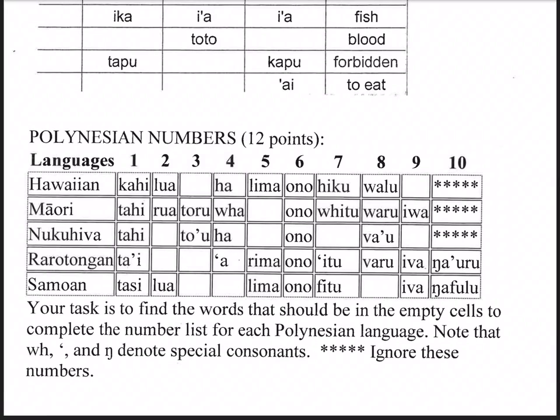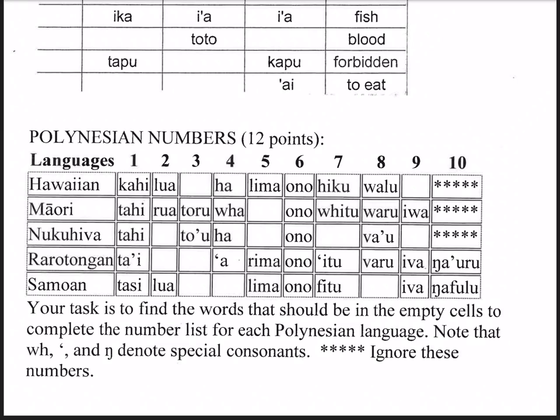If you look at the Polynesian numbers, here we have more languages. We have Hawaiian, Maori, Nukuhiva, Rarotongan, and Samoan. But the basic idea is the same. These are, again, all Polynesian-related languages. Just in the first column, you can see the Hawaiian word kahi, and then you get tahi, tahi, ta'i, with the glottal stop again, and then tasi in Samoan. So you can see already how the first letter is different in Hawaiian from the other languages.